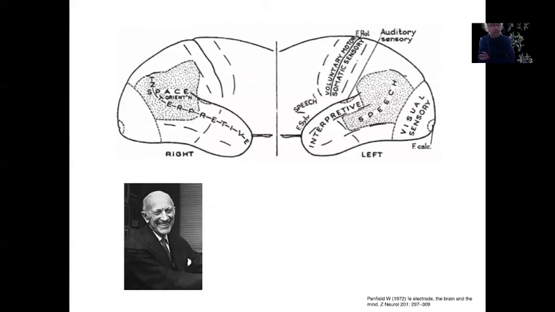Now you can see these drawings have been done by Wilder Penfield, who was probably a revolutionary neurosurgeon who changed the life and improved the quality of life of so many patients that had a brain tumor. He was the one who introduced the electrical stimulation of the surface of the brain.